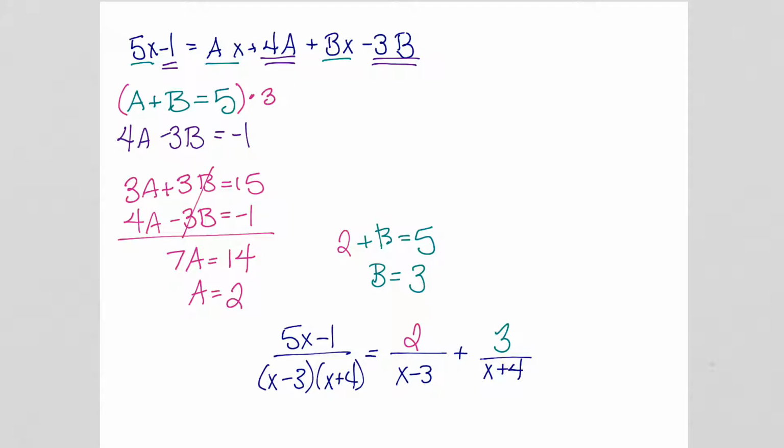So if we were to find a common denominator and add them back together, we would get 5x minus 1 over x minus 3 times x plus 4. So there's the first situation and the simplest one. Notice with this one on the bottom, we just had two factors, two binomials that were being multiplied. The next one's going to be a little bit different.